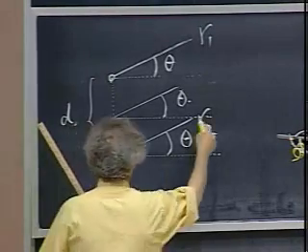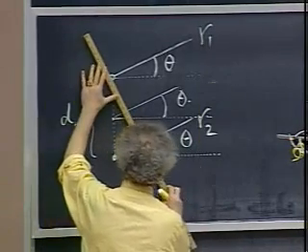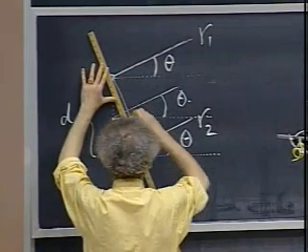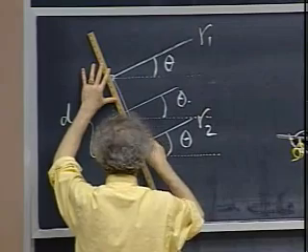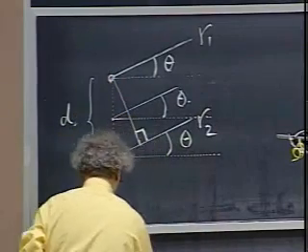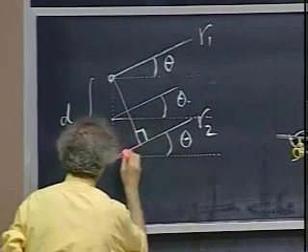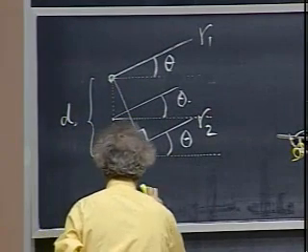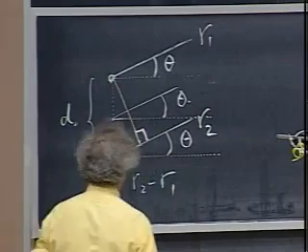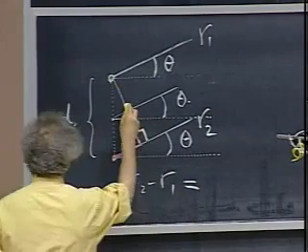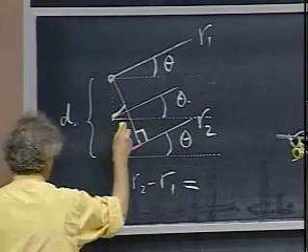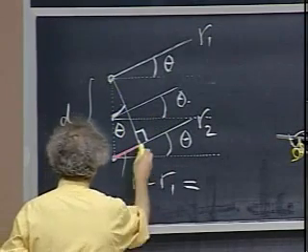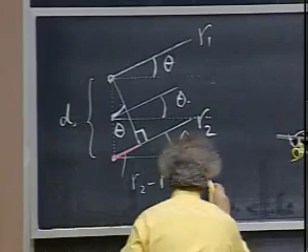If I want to know what R2 minus R1 is, that's very easy now. I draw a line from here, perpendicular to this line, and you see immediately that this distance here is R2 minus R1. But that distance is also, realize that this angle is theta, it's the same one as that one, so that distance here is also d sine theta.